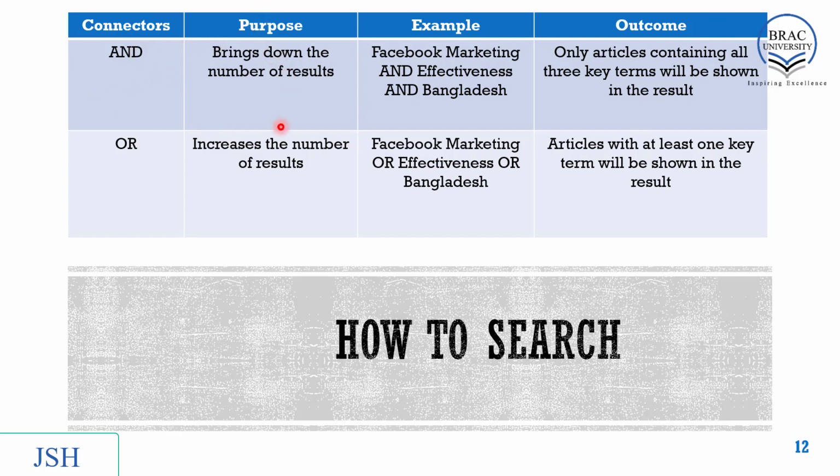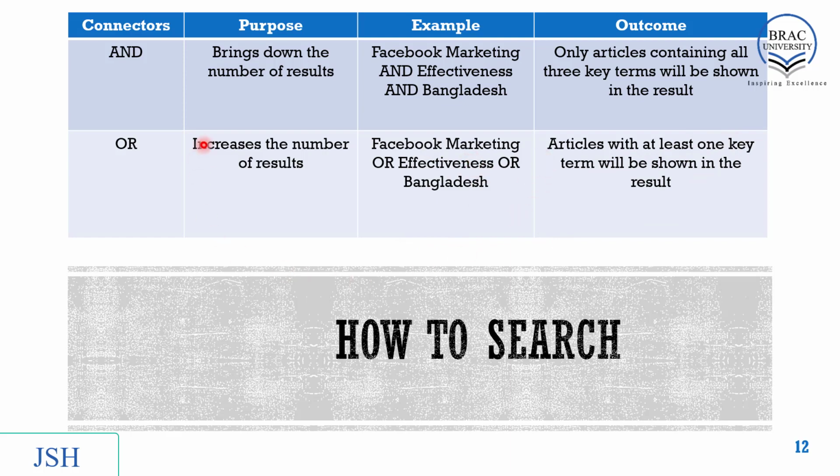Now the other connector is or. What happens when we use or? In the Google Scholar search bar, if we type Facebook marketing or effectiveness or Bangladesh, what will happen there? Articles with at least one key term will be shown in the result. So as long as the article contains at least one of these 3 words, it will appear.